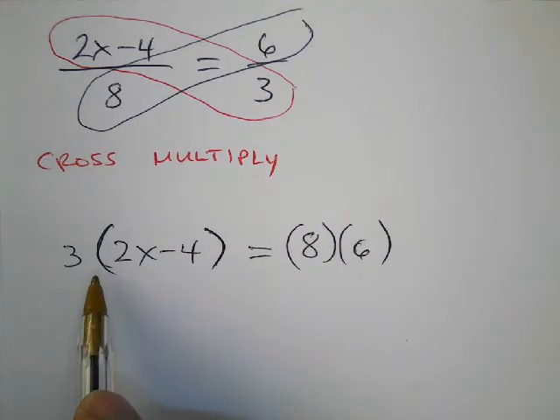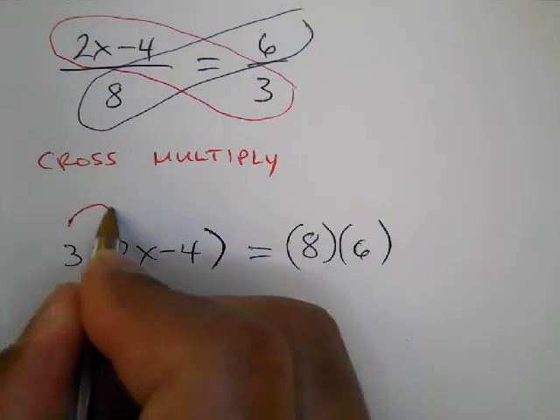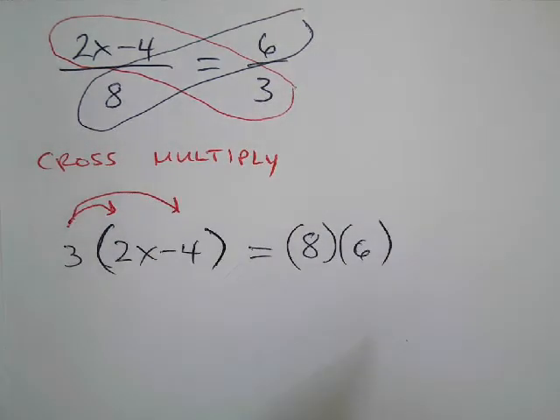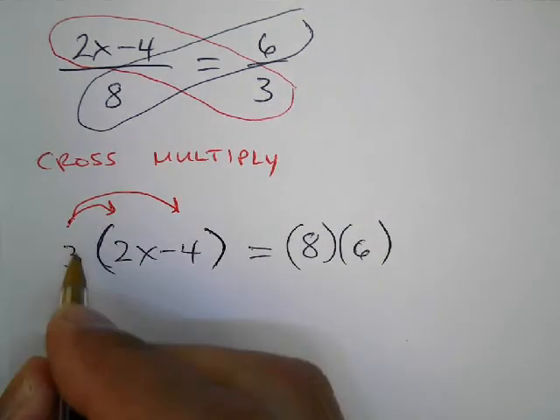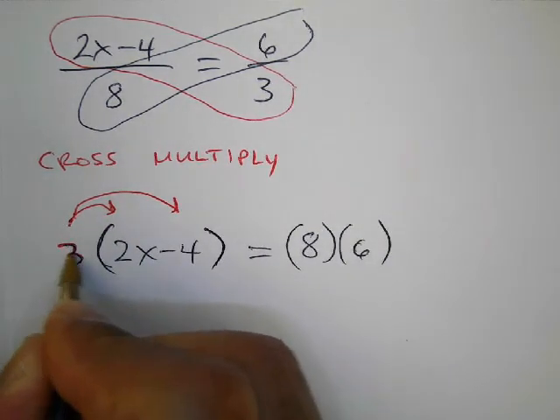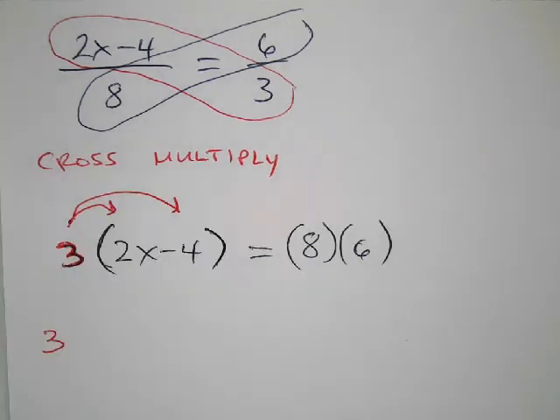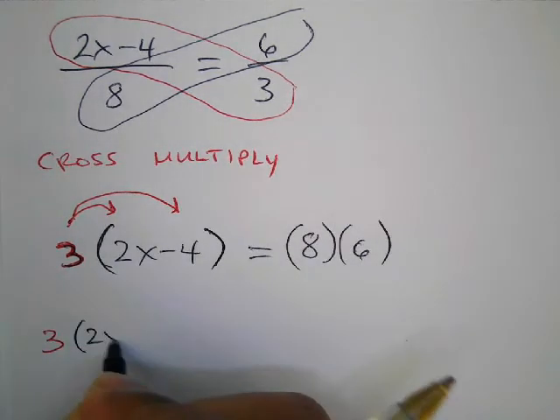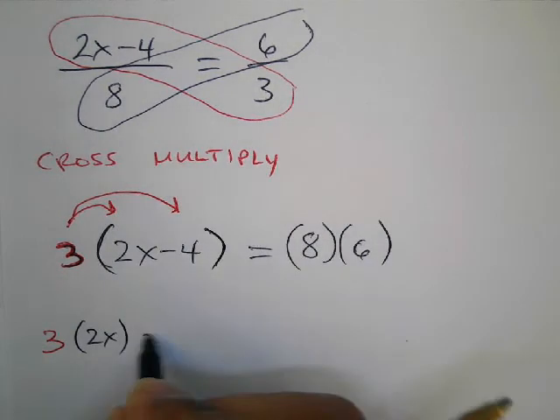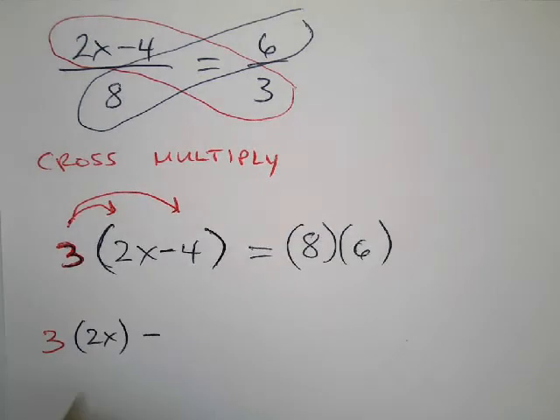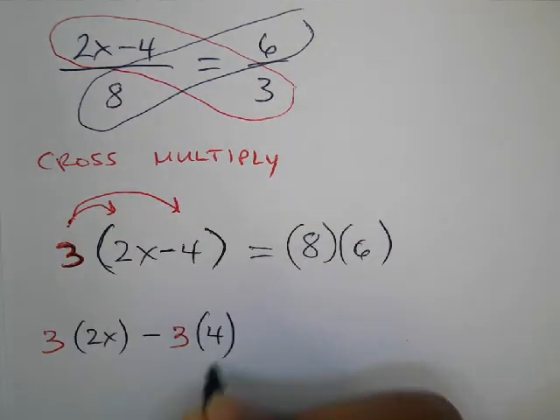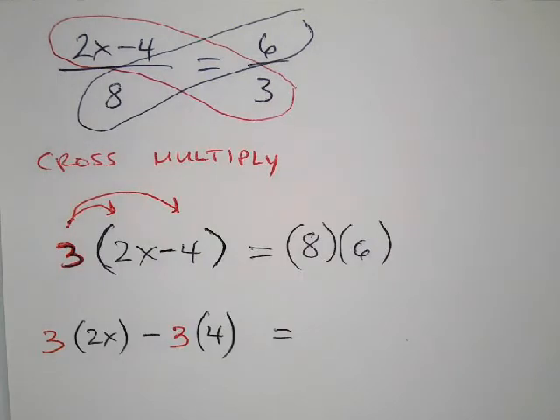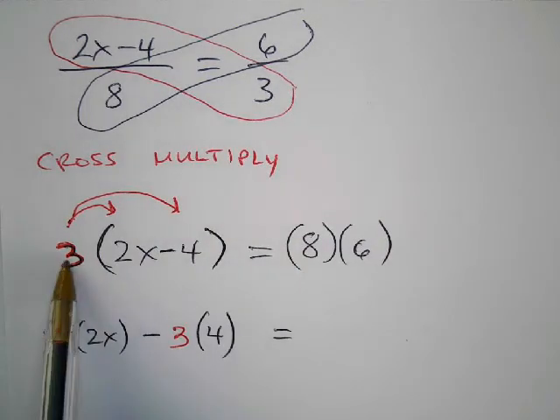Here, this is the distributive property. This 3 has to multiply to both. I'll make this 3 red. That'll be 3 times 2x minus, there's a minus, and then 3 times 4. You should have learned this in Algebra 1.